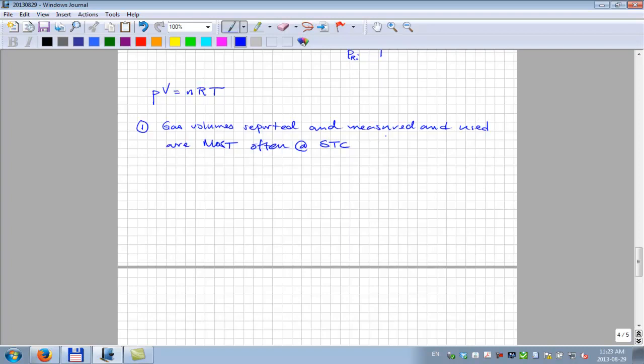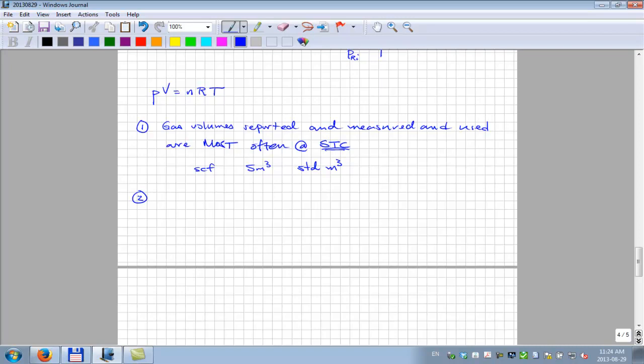Even if we're making the measurement at 100 bar, the calculations that you make will not give you the gas volume at 100 bar. It'll translate the measurements at 100 bar to standard cubic meters or standard cubic feet. So you almost always see gas volumes expressed at these standard conditions. Okay?